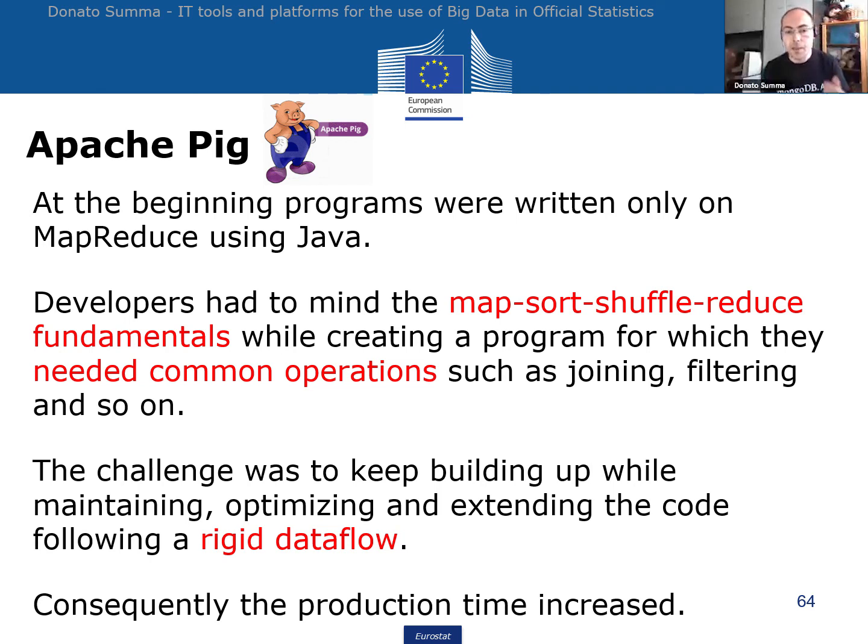And the challenge was to keep building up while maintaining, optimizing, and extending the code following a rigid data flow, the data flow enforced by MapReduce. So consequently, the production time increased.